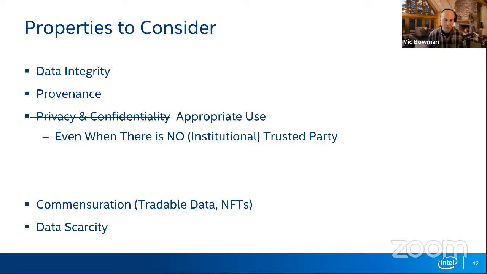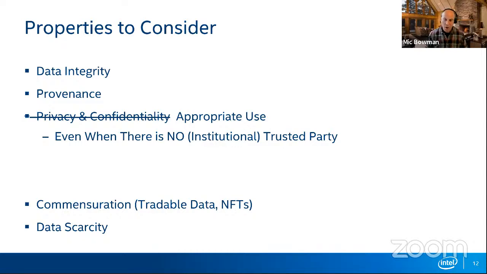What we really want is for the data to be used in the way that we intend it to be used. It's okay if you use my profile for generating an insurance quote; it's not okay if you use my profile to figure out where I've been and send me good advertisements for those places.